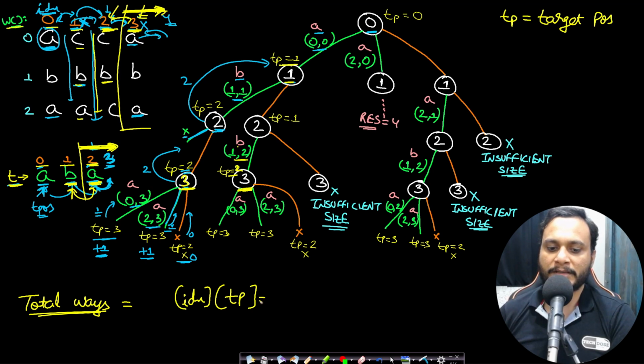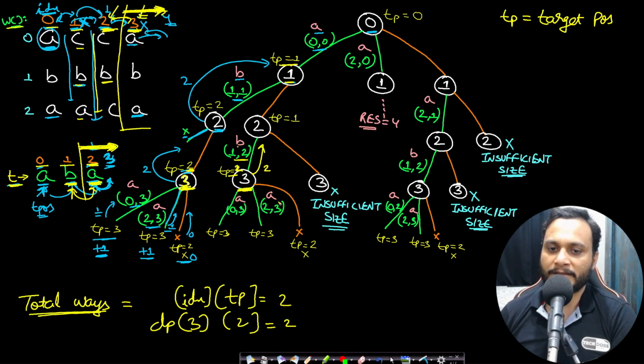So I already know that it is 2, right? For this 3 comma 2 value, because the index is 3 and the T position is 2, my value will be 2 because I got a return value by calculating it, and therefore we can simply return a 2 here without even having to calculate anything, isn't it?